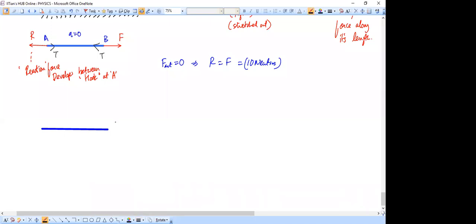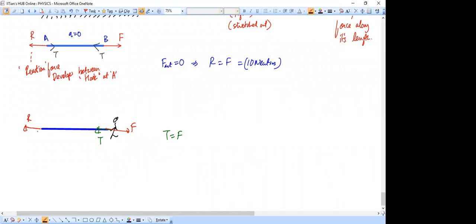So if there's a person here who's pulling on the rope with a force F, the person's hand experiences an equal and opposite force, which is the tension. So T is equal to F. And on the other side, the hook is applying a force of R on the rope.